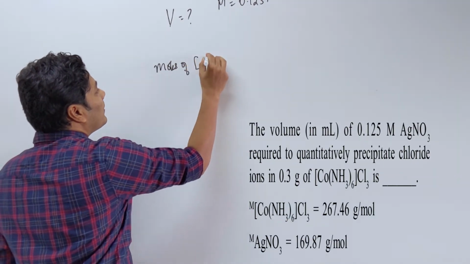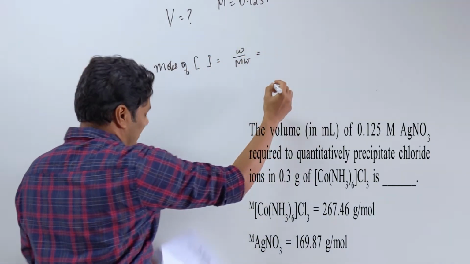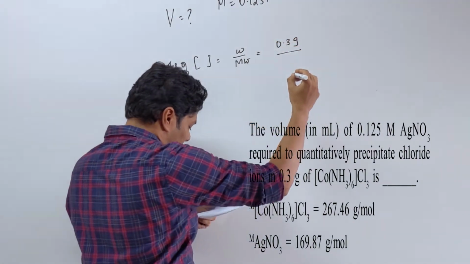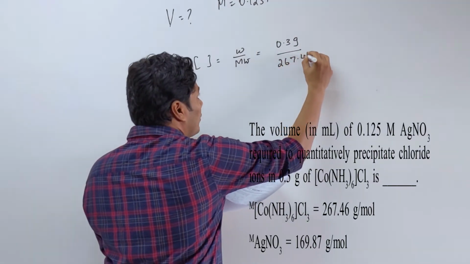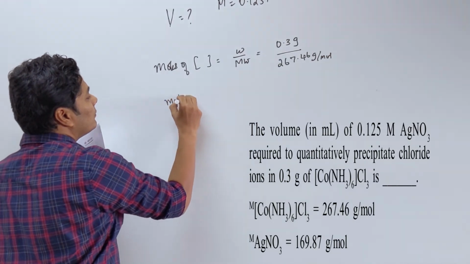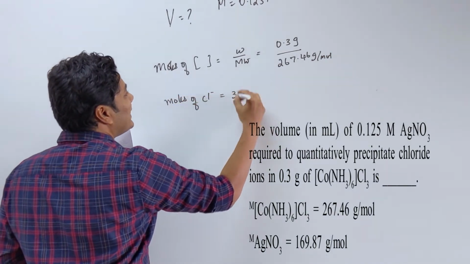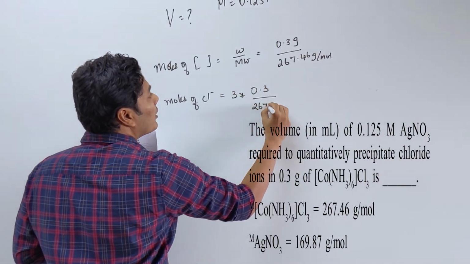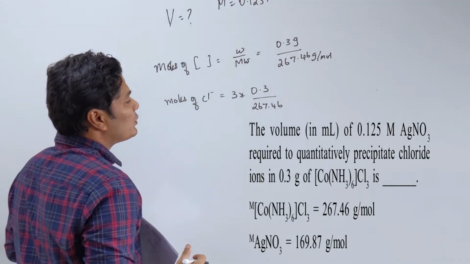So moles of the complex is mass over molar mass, that would be 0.3 grams divided by 267.46 gram per mole. That tells you moles of chlorine is 3 times as much, because for the complex there are 3 chlorines outside the ionizable valency. So this is going to be the moles of chlorine.